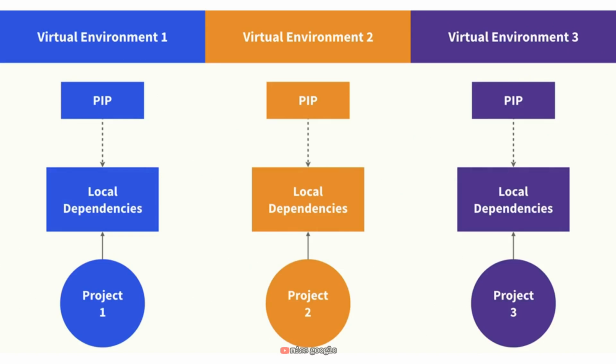The only potential downside is that you might be downloading the same package multiple times, but frankly, that's really not a major consideration. So using pip within a virtual environment brings in local dependencies tied to just one specific project, and they are not going to clash with other projects.